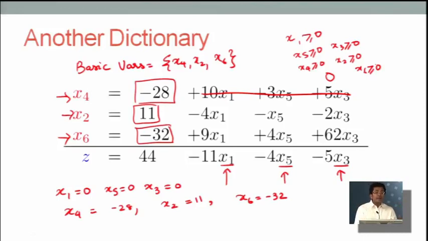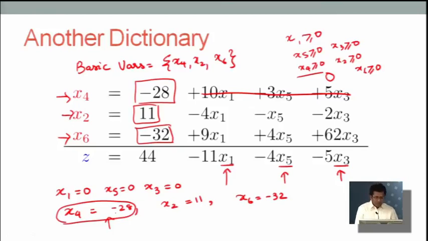They are there, but we are not writing them down. Okay? Now, you may look at this dictionary and say, well, x4 equals minus 28 violates one of those unspoken constraints. How can x4 be greater than or equal to 0 and have a solution of minus 28? Okay? So there is something wrong with this dictionary.